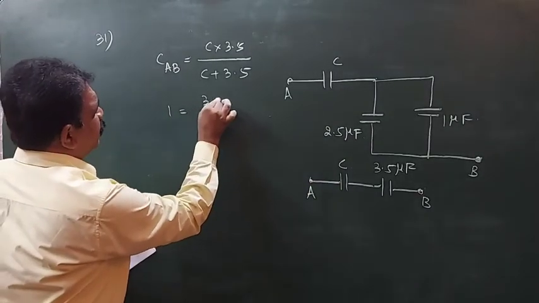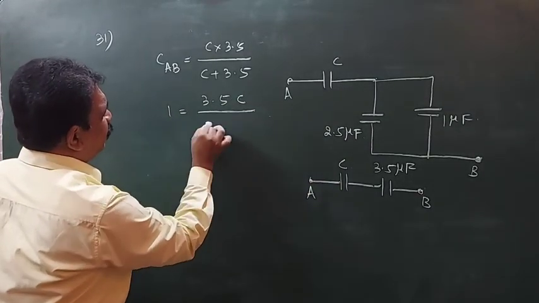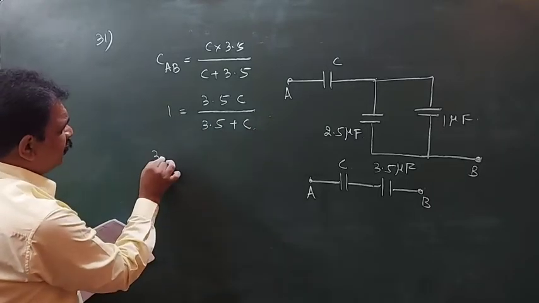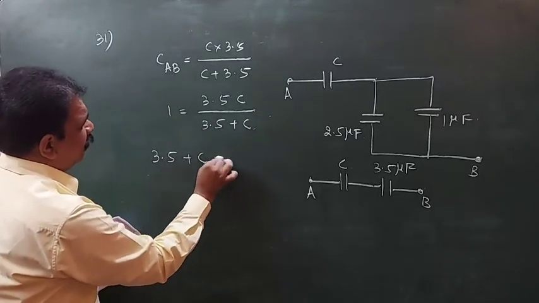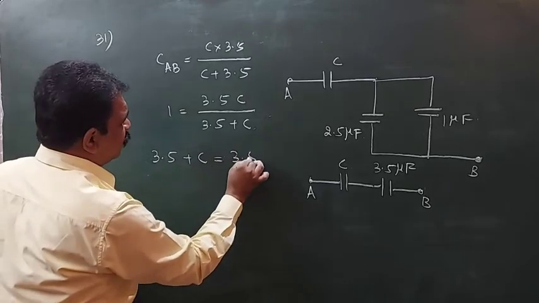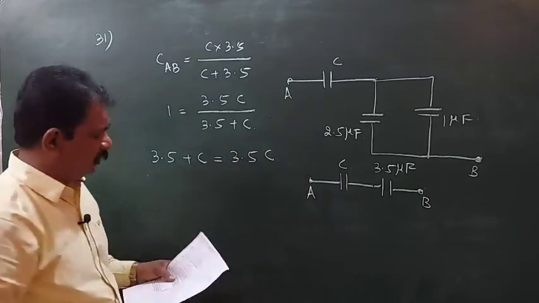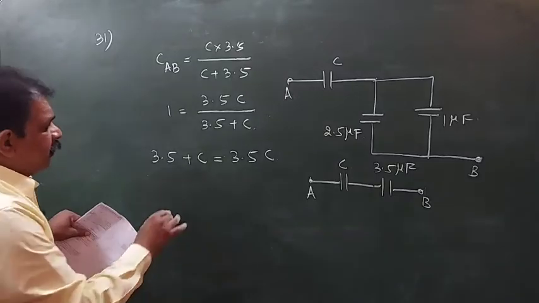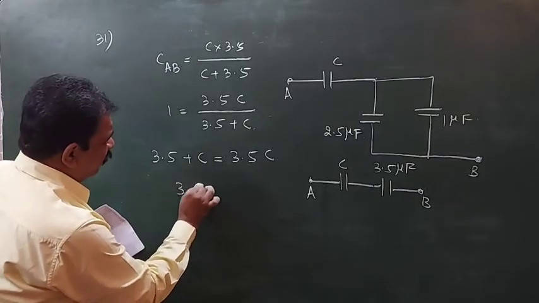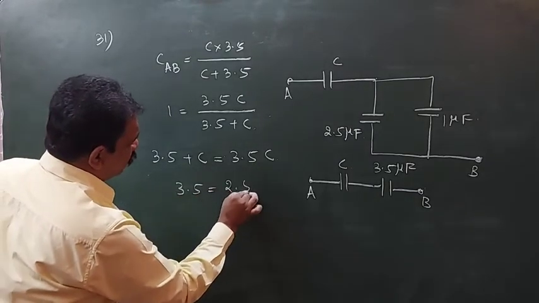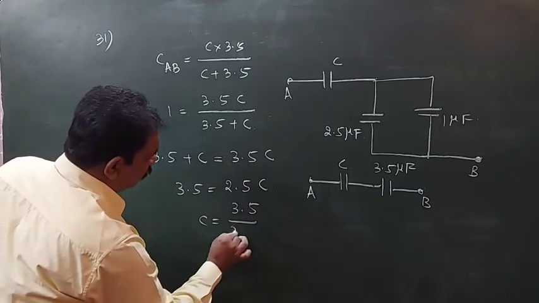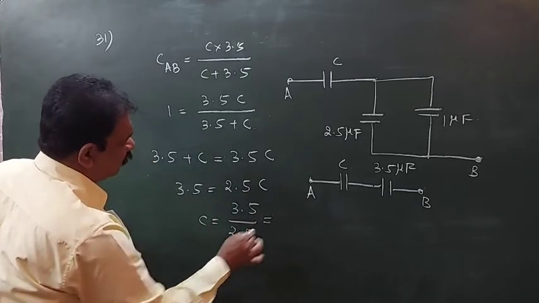So 1 is equal to 3.5C by 3.5 plus C. Cross multiplication: 3.5 plus C is equal to 3.5 into C. Then 3.5 is equal to 2.5C, so C is 3.5 by 2.5.